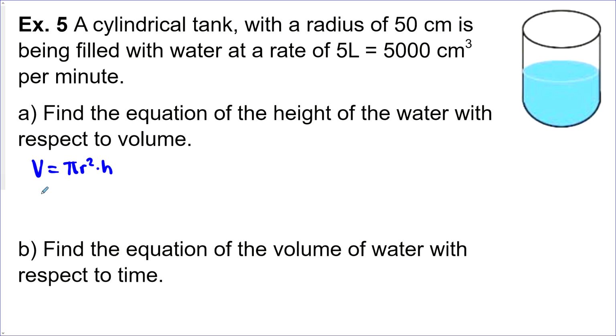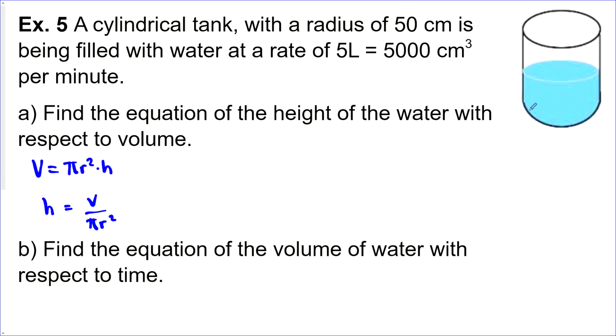So I'm just going to do some algebra here. Divide both sides by pi r squared. We get height is equal to volume divided by pi r squared. Now the next thing we can do is the volume is changing. We're adding more and more water, and so that's a variable. The height is also changing. As we add more water, the height will increase, and that's a variable. Radius is not changing.